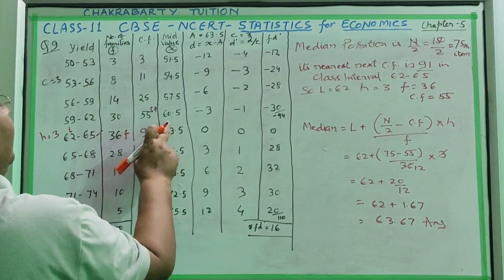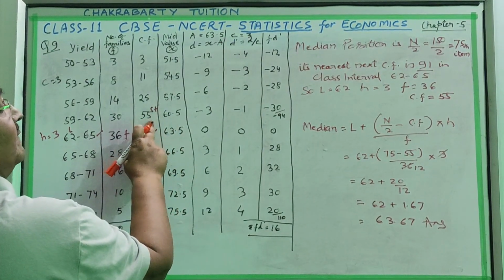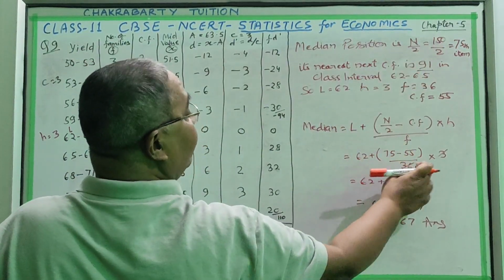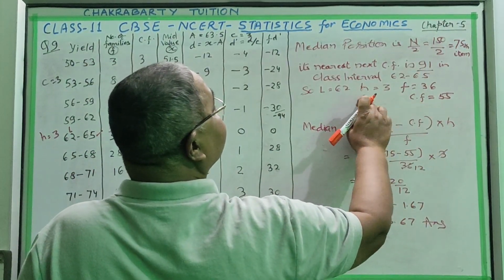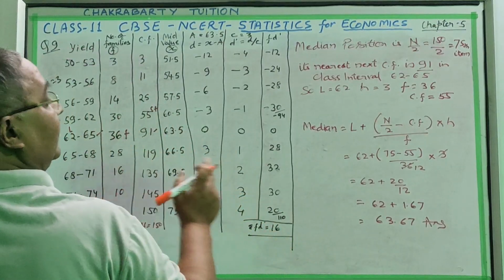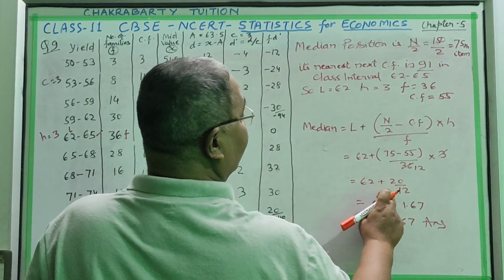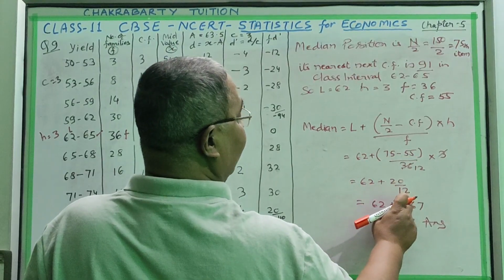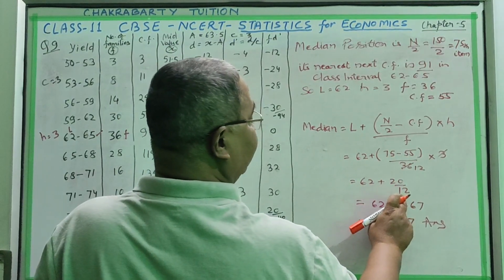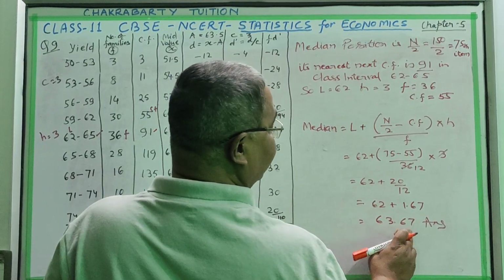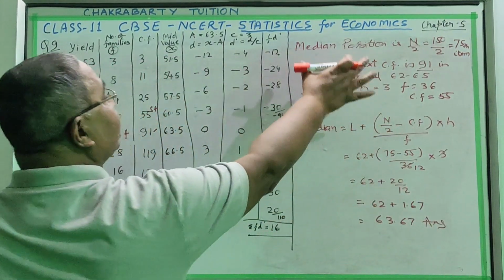We have written the previous class CF 55, and here 75 is this one, and h equal to 3. Now 3 and 36 we can cut, it becomes 12. So 20 upon 12 will remain. So 20 divided by 12 becomes 1.67. Now 63.67 will be your answer. This is your median answer.